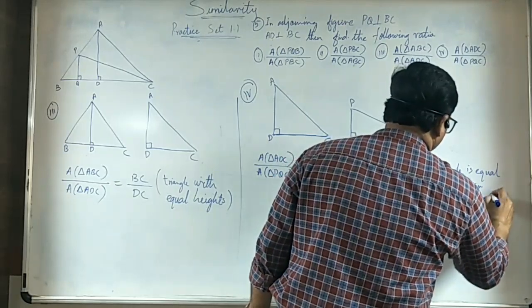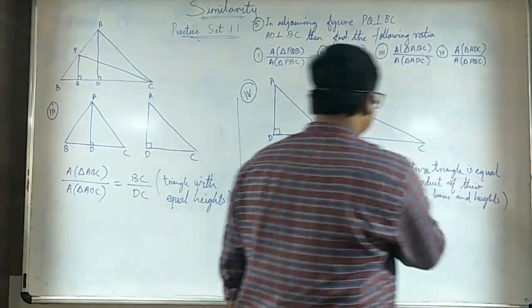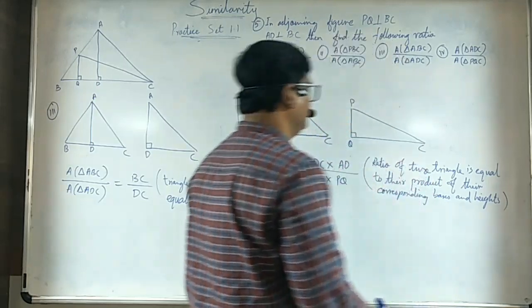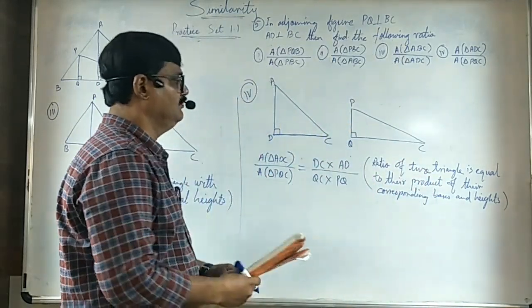You have to write this reason. A very important part, the reason has to be written over there. The ratio of two triangles is equal to the product of their corresponding base and height.